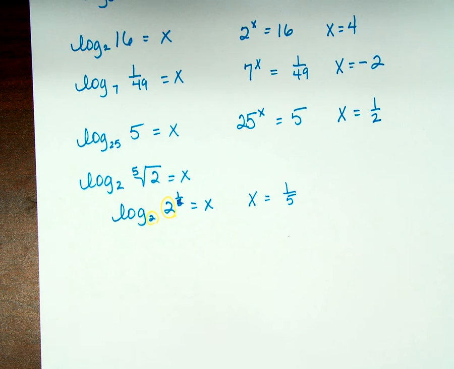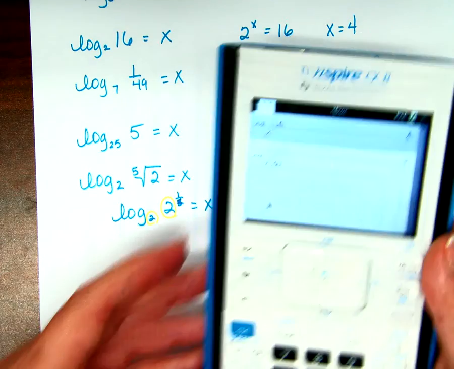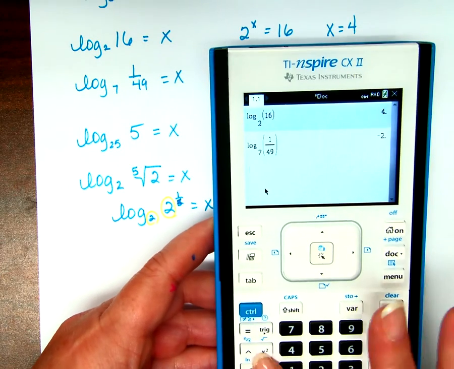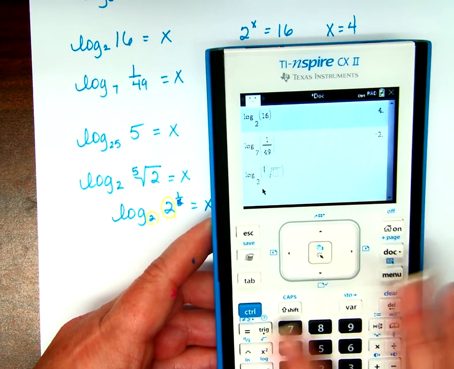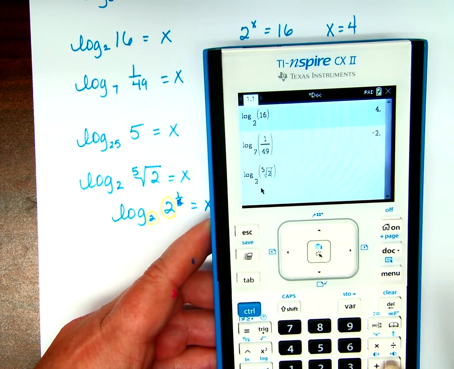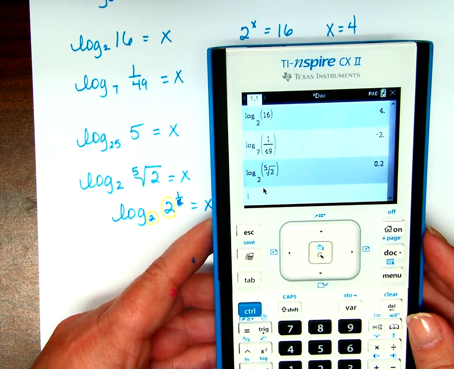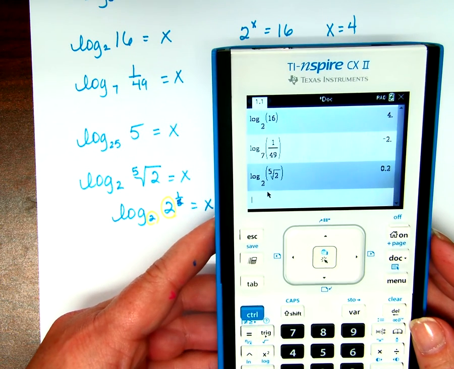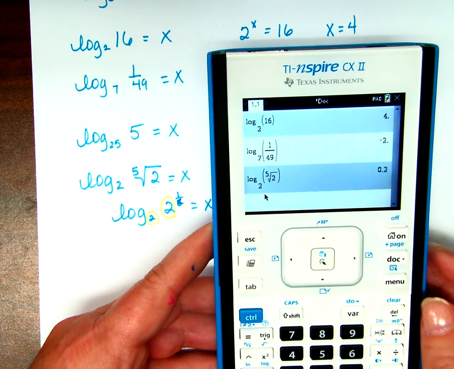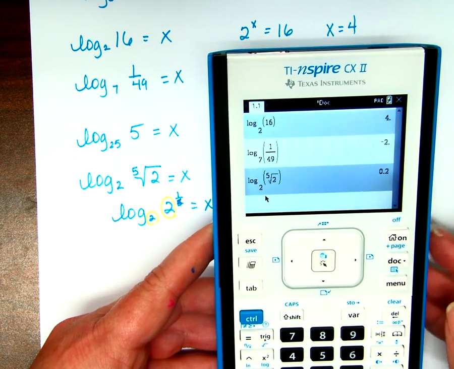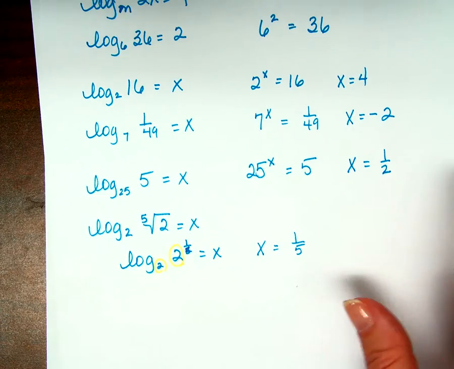But for the record, we could say log base 2 of the fifth root of 2. It said 0.2. Oh, that's 1/5, right? Yeah, that's 1/5. There's no reason to worry about that. That's the same thing. Okay? Any questions about that so far?